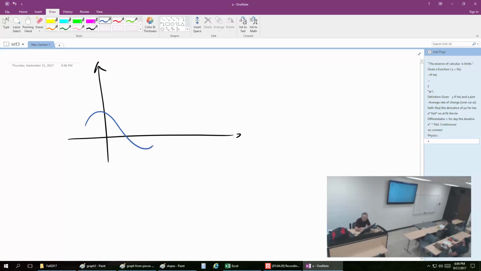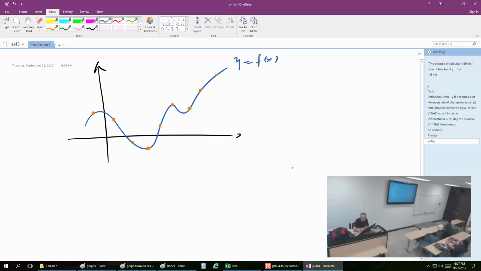It might look like this, doesn't matter. Okay, that's my function. I break the graph into several pieces, and I will be looking for tangent lines at different locations. So just a few. And the slope of the graph at each of these locations will give me the value of the derivative. So that's y equals f of x.